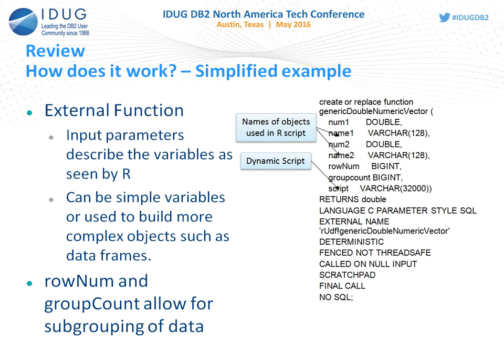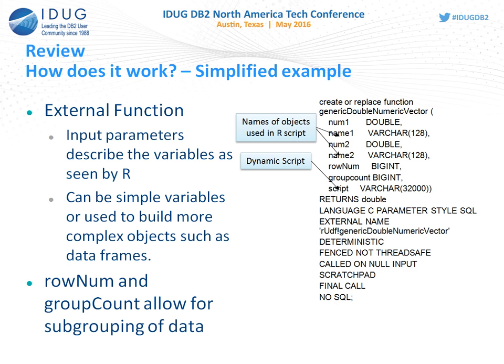other normal DB2 function keywords there. It is deterministic. We're going to run it in a fenced environment because this is, after all, external code to DB2, and we don't want some memory error to bring down your DB2 instance.